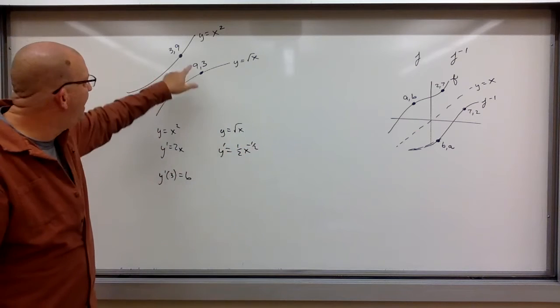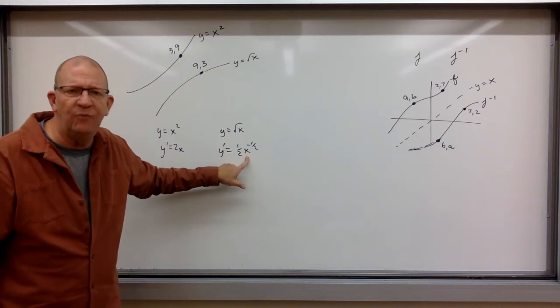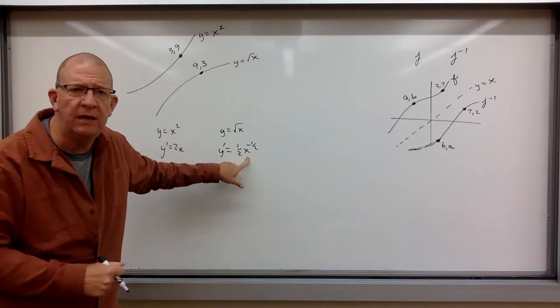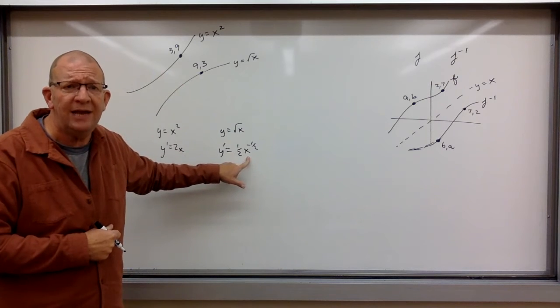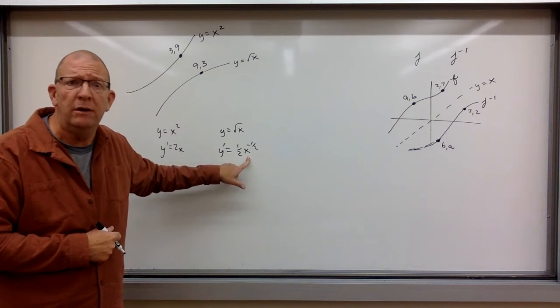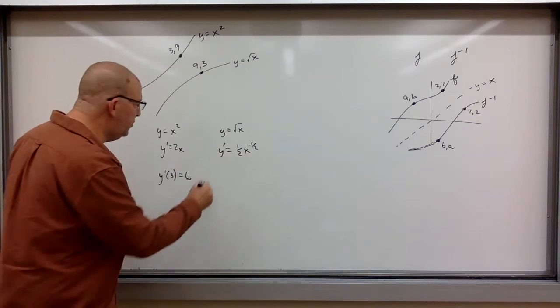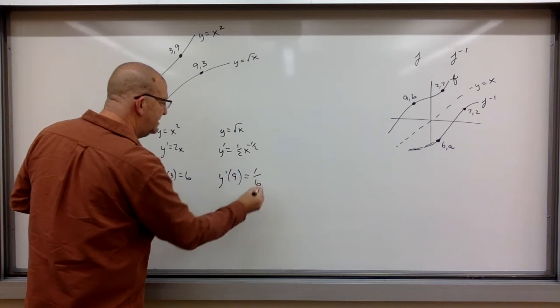So think about what that is at 9. It's going to be 1/2 times 9 to the negative 1/2. Come on, algebra pants. They still fit. Kind of like skinny jeans, but they still fit. Do 9 to the negative 1/2. That's 1 over the square root of 9. 1/3. So 1/2 times 1/3. So if I do y prime of 9, that's 1/6.